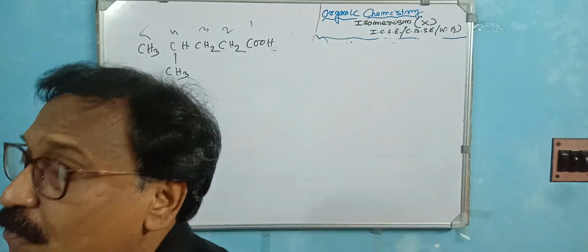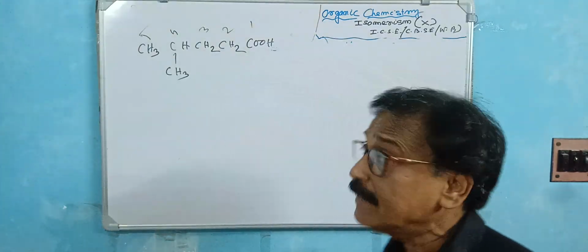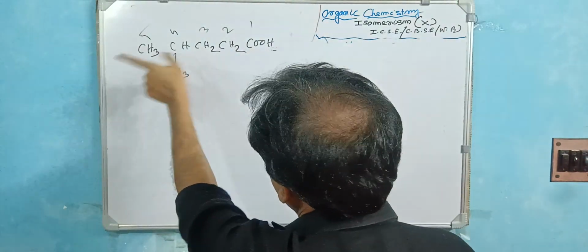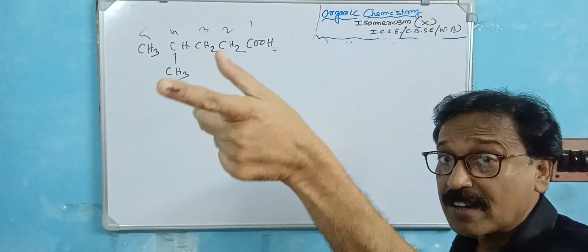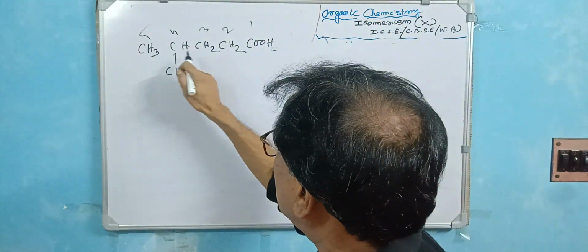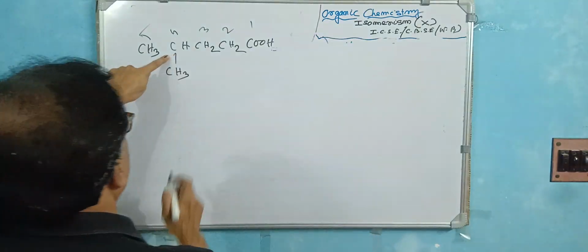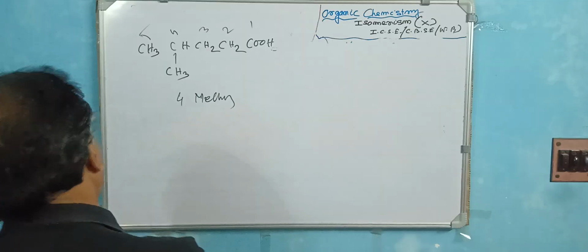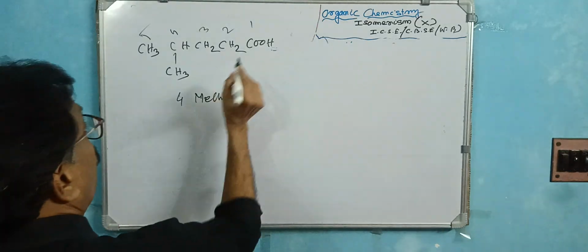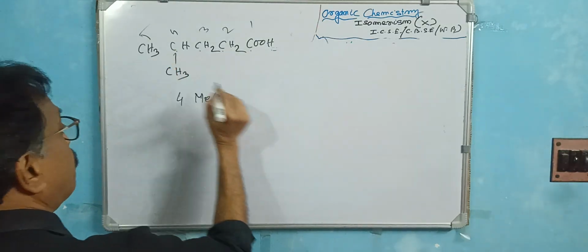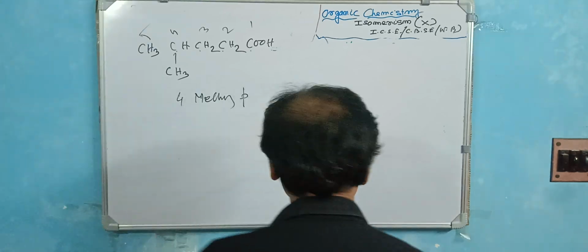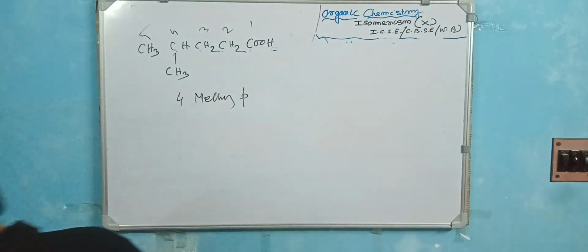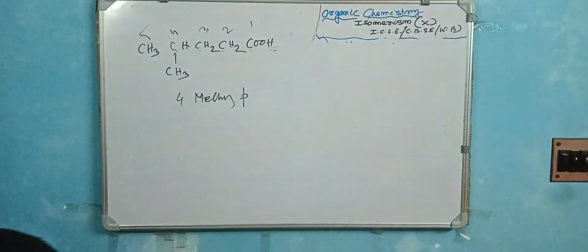Is it clear to you? 1, 2, 3, 4, 5. No confusion. We start from here because of the functional group. So 1, 2, 3, 4, 5. What is the position? Alkyl group at 4. So 4-methyl. 1, 2, 3, 4, 5. Pent, because these are 5, pentane. So pentanoic acid.